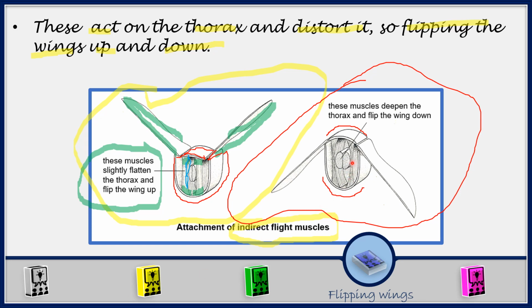So when this muscle contracts, this muscle relaxes. And when this one contracts, it is going to push the roof up and push the floor down. And because the wings are attached on the roof, the wings will go down. Thereby the wing is going to flip downwards.